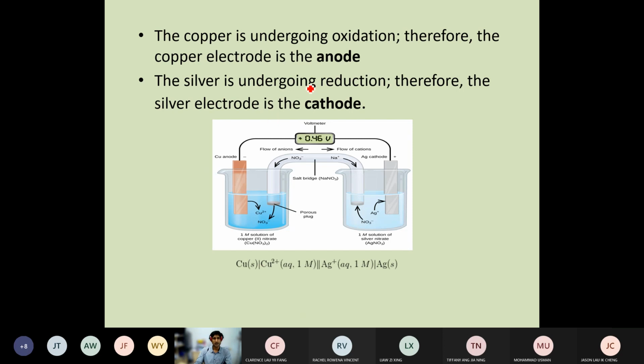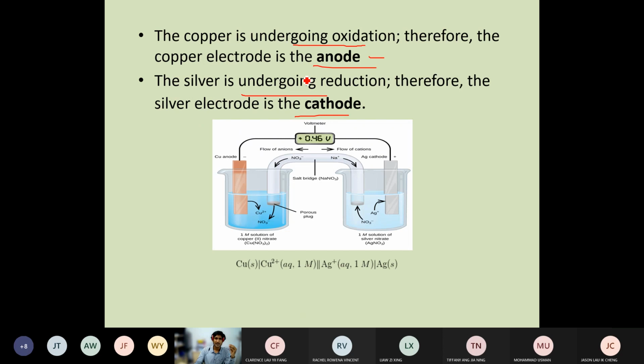We know about the anode and cathode. Where oxidation happens, we call it anode. Where reduction happens, we call it cathode. Where oxidation is happening means it is donating electrons.